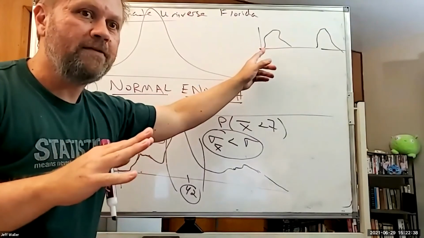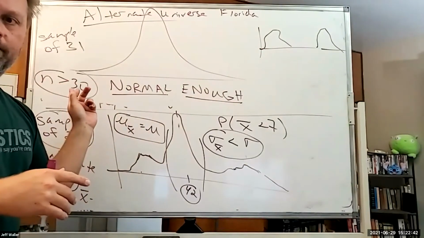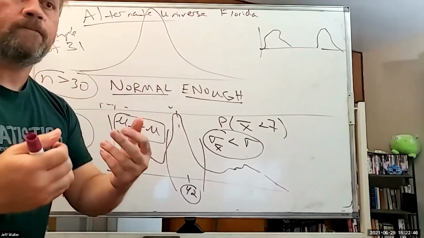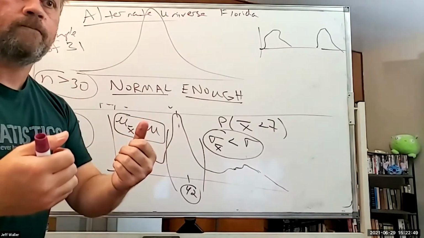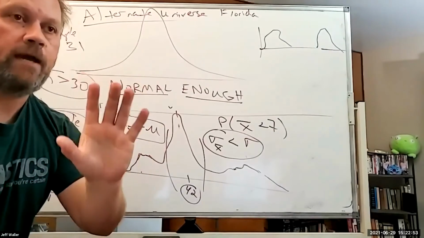So that means I can only use the Z-score chart if I take a big enough sample. So you're not talking about more than 30 individuals. You're talking about multiple groups that are more than 30. Exactly.